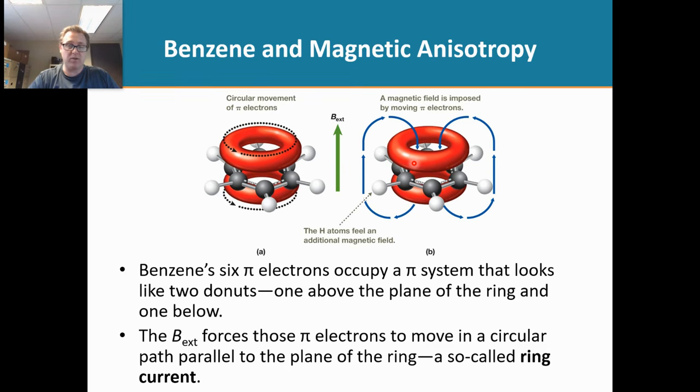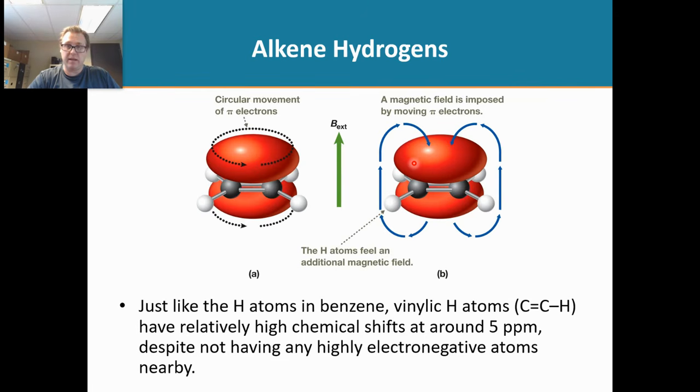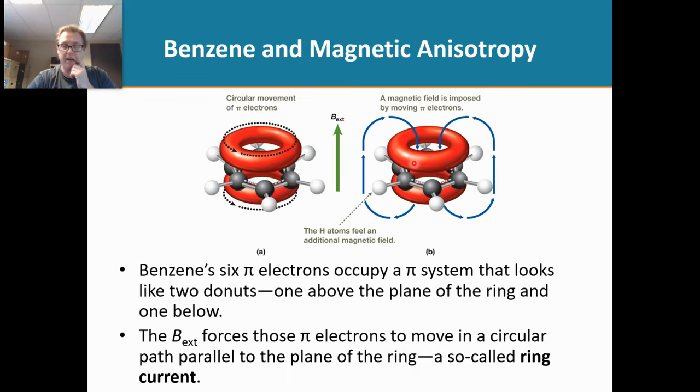Now what's interesting here is paying attention to the arrows, okay? The blue arrows. Okay, let's look at it on this slide right here. So what happens is, do you see how we have an external magnetic field?